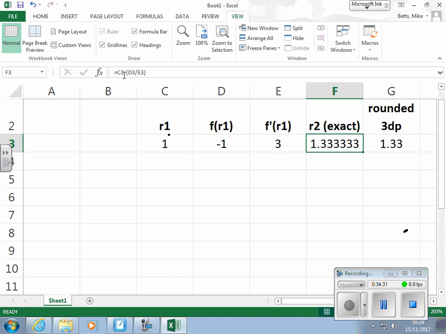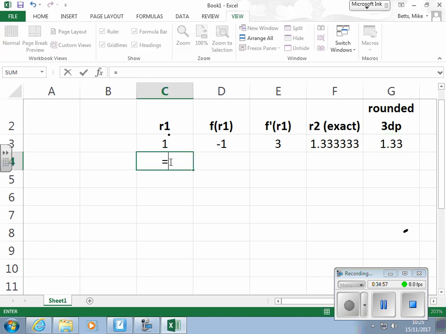And then in there is your Newton-Raphson formula. R1 is the cell C3. The value of the function, the cell D3, divided by the value in E3 gives me a new exact estimate of the root, which I then round to 3 places in the last column.